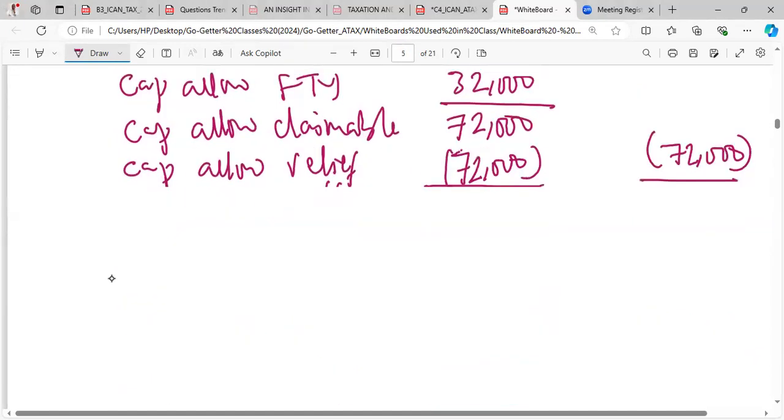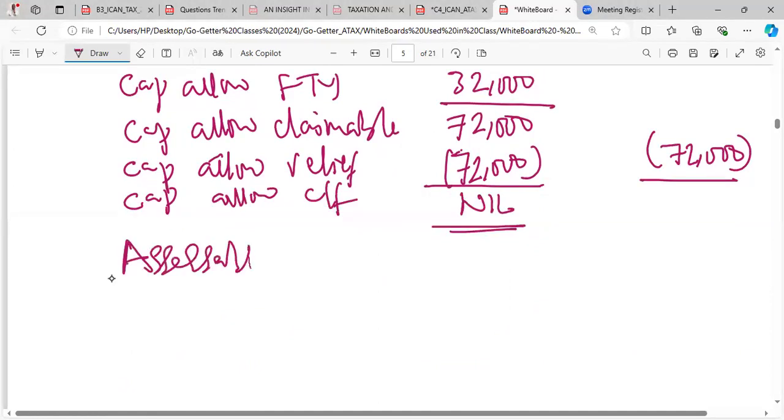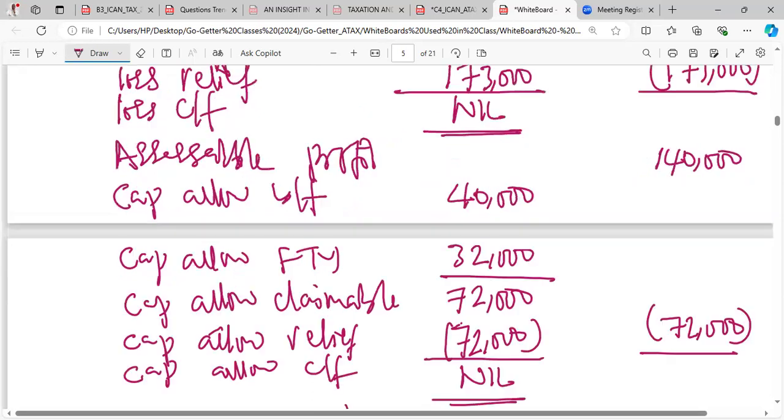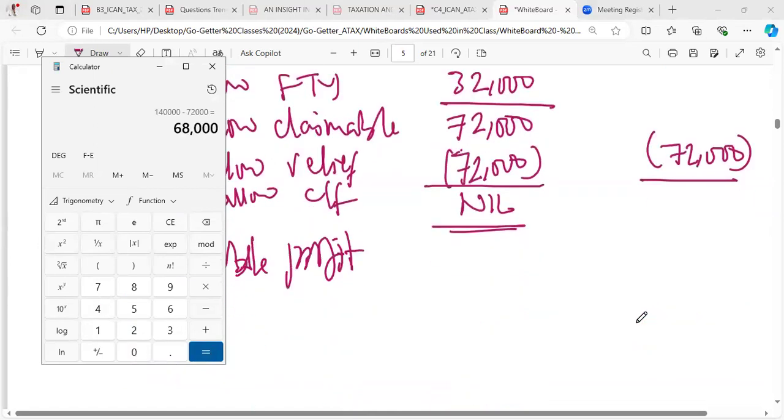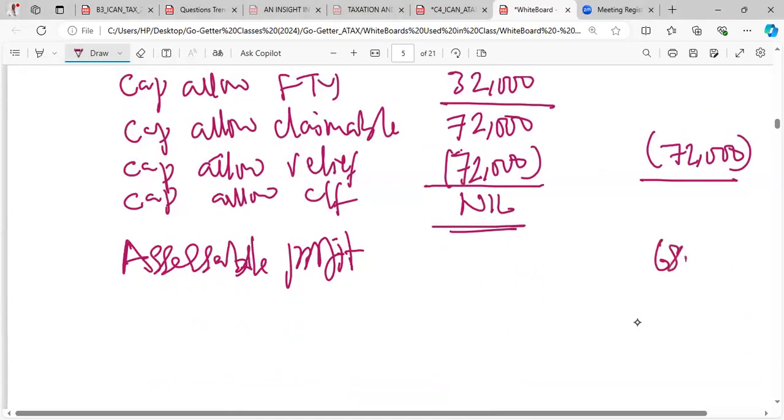We have our assessable profits: 140 minus 72,000 gives me 68,000. So this is 68,000 assessable profits.